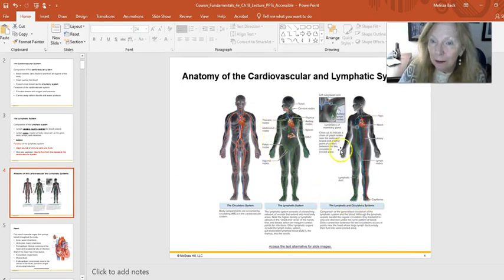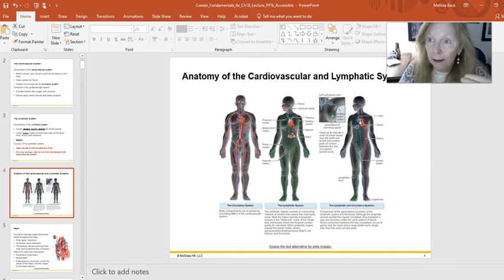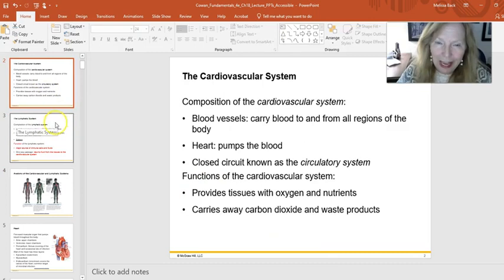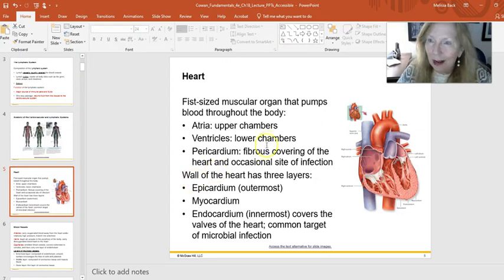So as the lymph is bathing all of our cells, all of our tissues, and moving along these vessels, moving through lymph nodes, it eventually, the word dump sounds sort of non-glamorous, but it does dump the lymph back into the cardiovascular system, our blood. So it plays a huge role in regulating blood volume, you can imagine. So all of these have to be balanced. So that's just a quick review of the anatomy and physiology of these systems, and I think that most of you have had anatomy and physiology, so you sort of understand that.